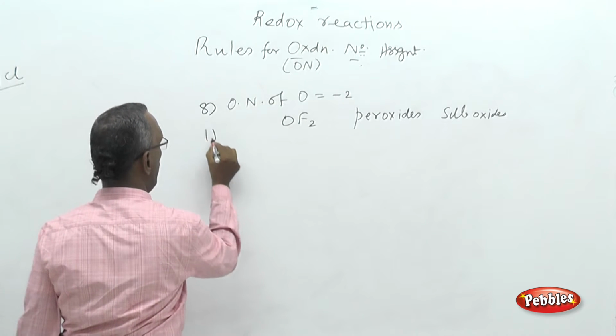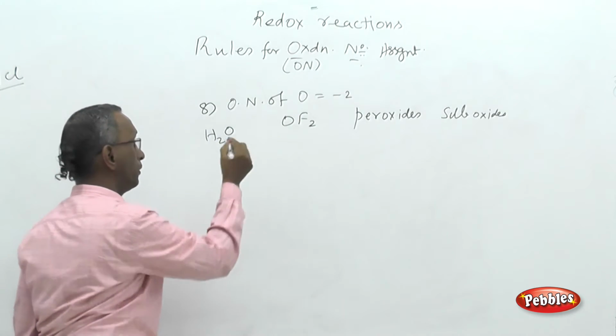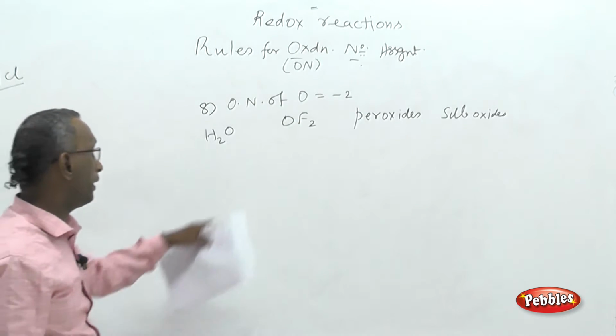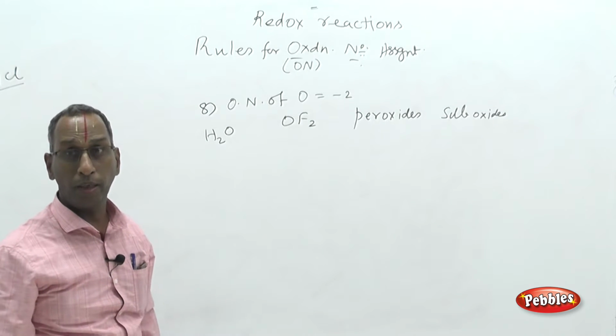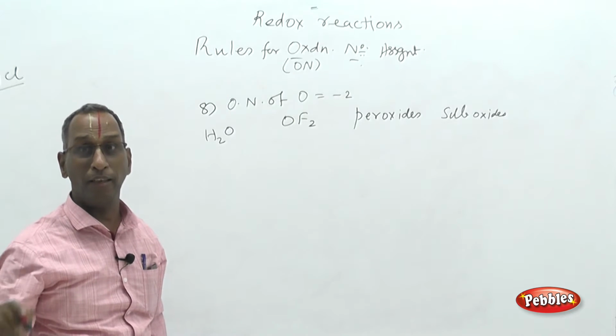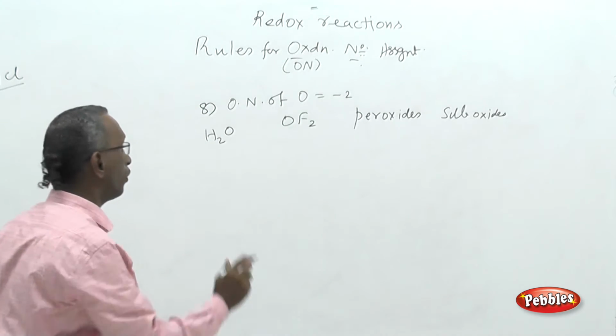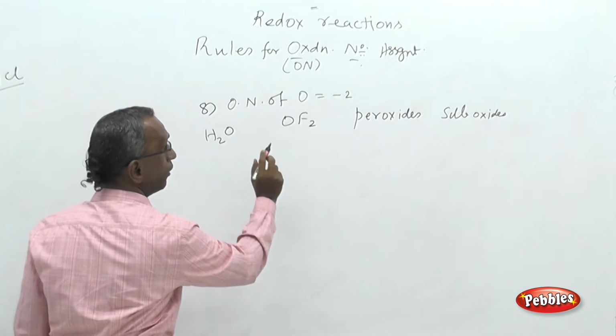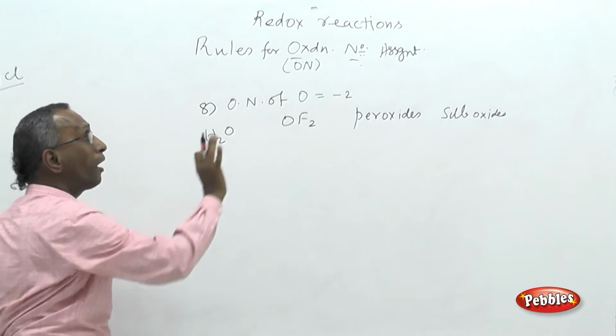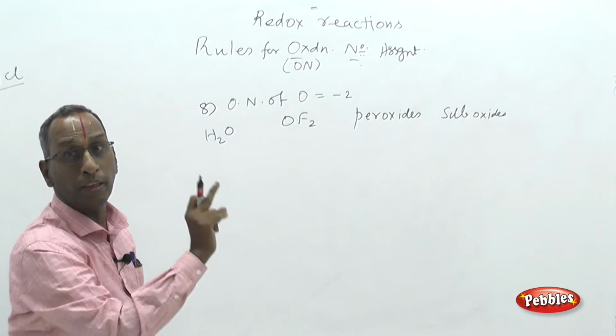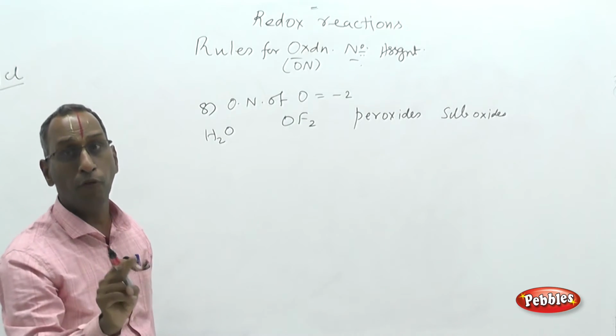Here we have written OF2. So we have to distinguish between water and OF2. Water can also be called hydrogen oxide. But OF2 should not be called fluorine oxide. It has to be called oxygen fluoride.